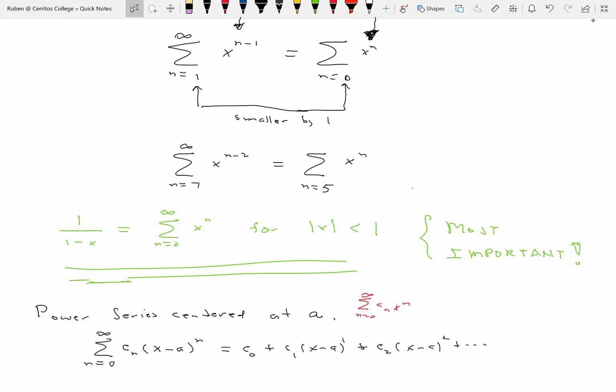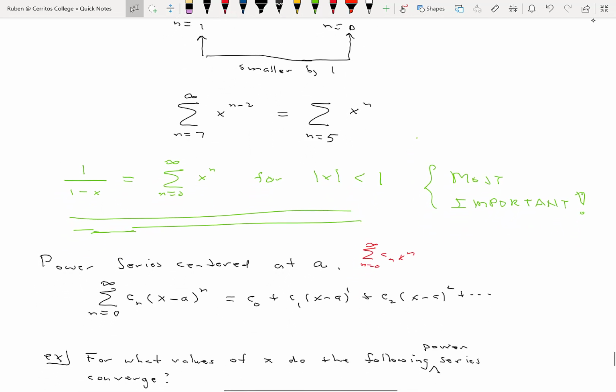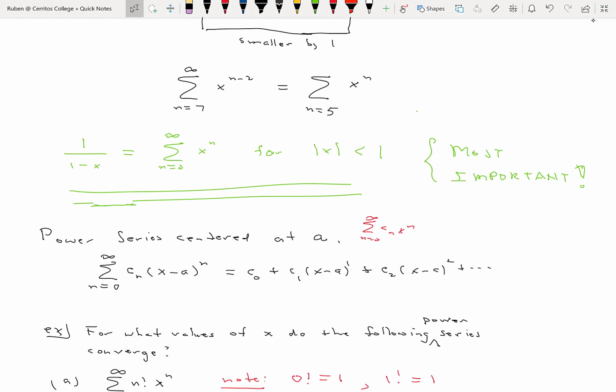So I'd like to consider a method for determining the values of x for which a power series converges. For what values of x do the following power series converge? Let's take a look at an example.